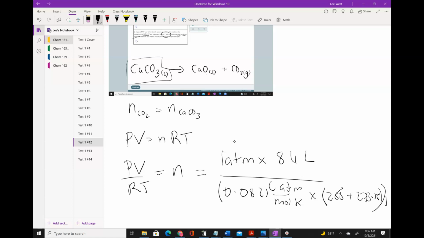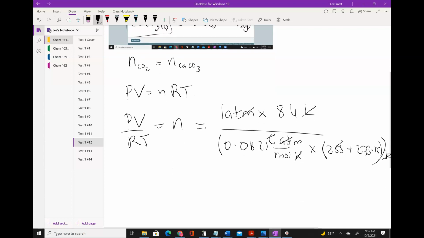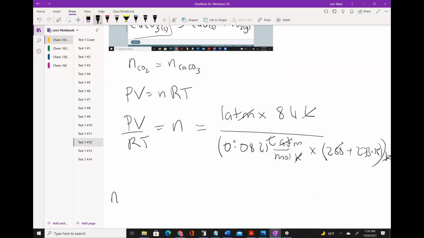Okay, and that's in Kelvin. So when I do that, my atm cancels, my liters cancel, my kelvins cancel, and I'm left with 1 over moles, which is just moles. So this will give me my moles of CO2. Alright, so let's put all of that into my calculator.